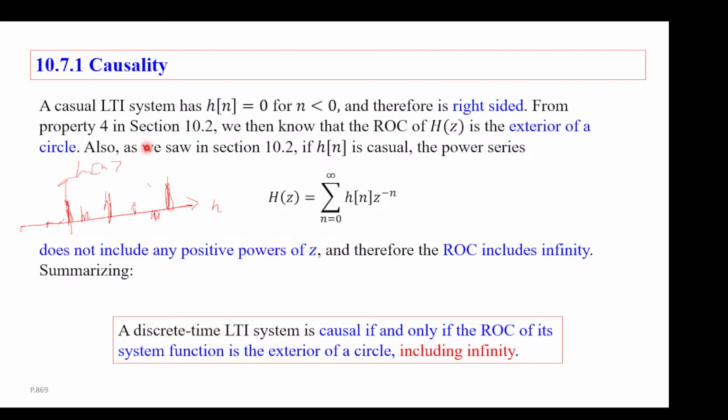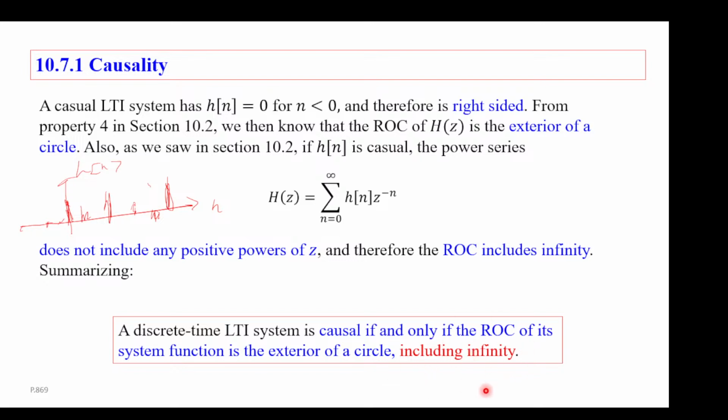We're saying this with if conditions, but if you think about it, both of those statements are if and only if, and so we get this red box here. For a discrete LTI system, if you want to check that it's causal, then you need to check these two things: the ROC is the exterior of a circle, and it includes infinity.